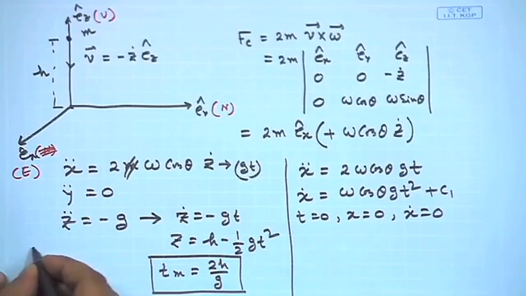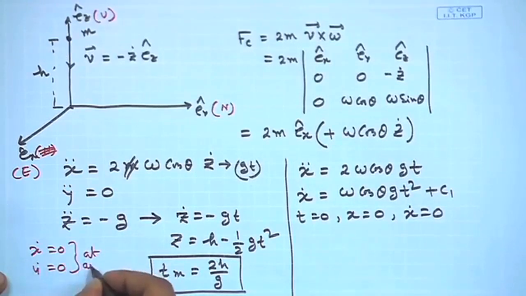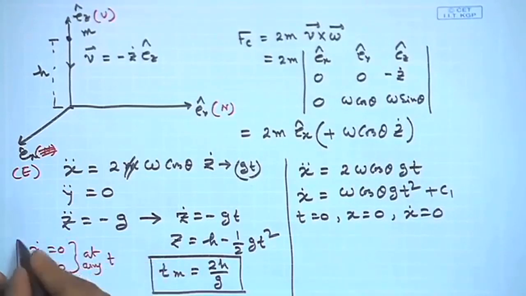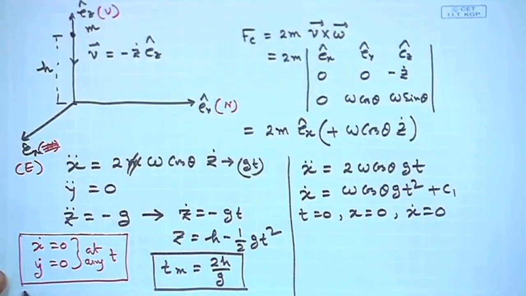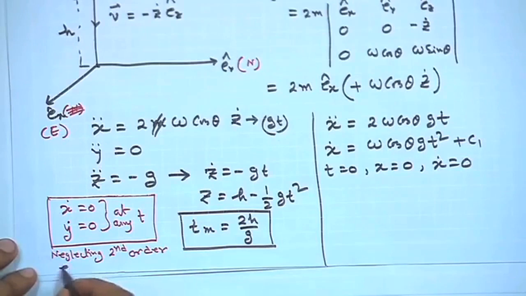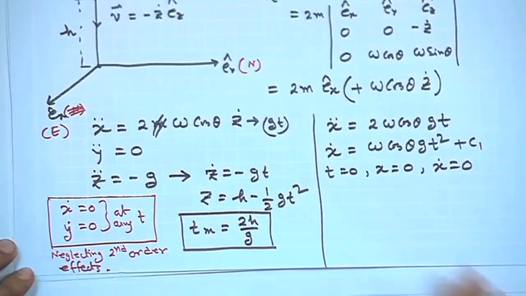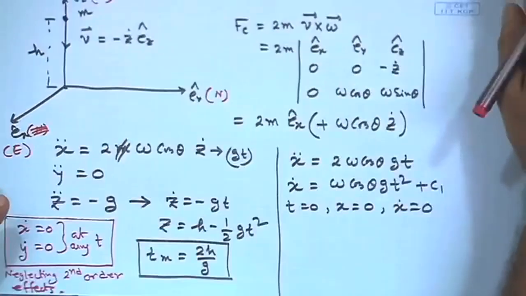So we are setting x dot equal to 0, y dot equal to 0 at any t. This is a very important assumption we are making here, and it is a valid assumption. That means we are neglecting the second order effects, which are actually very small.